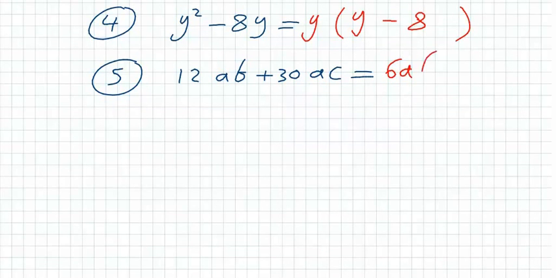Open your parentheses. 12 divided by 6 is 2. ab divided by a, you will have b. Plus 30 divided by 6 is 5. ac divided by a is c. This is what we call finding monomial factors for an algebraic expression. And this is the end of our lesson.